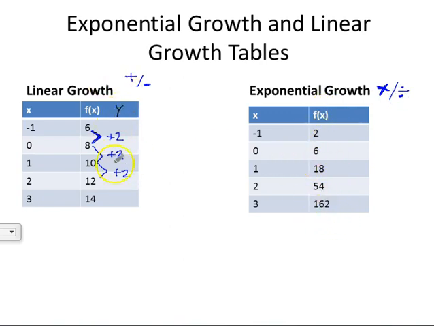I hope I didn't say row. I meant column every time. As we look down our f of x column or our y column, we're going to be multiplying or dividing each time.